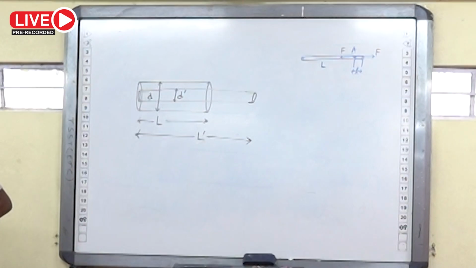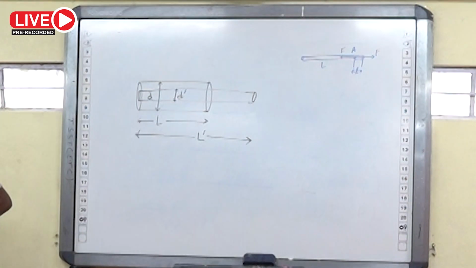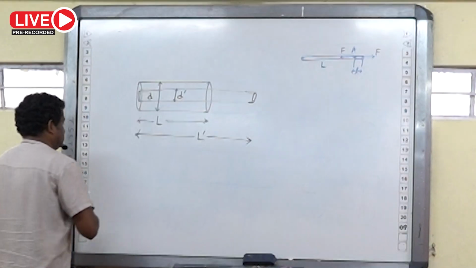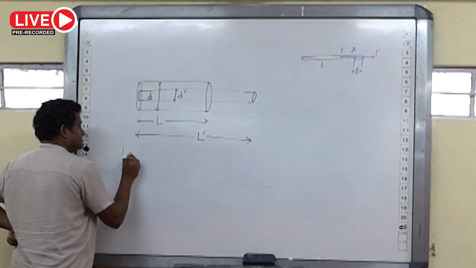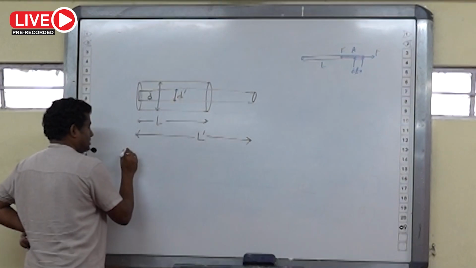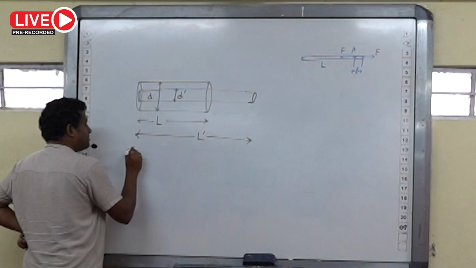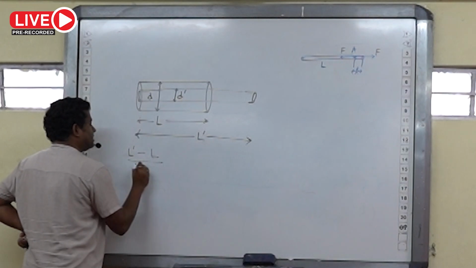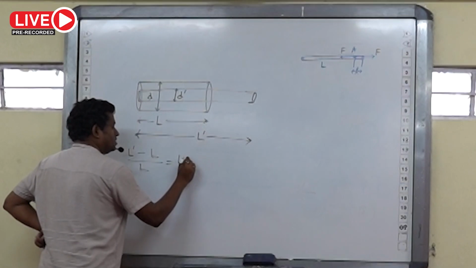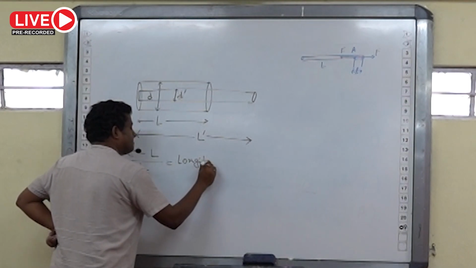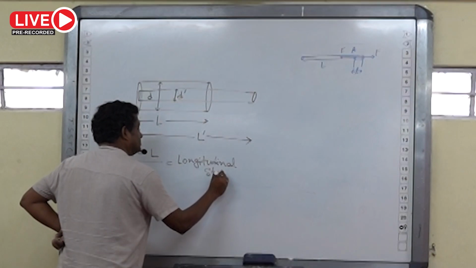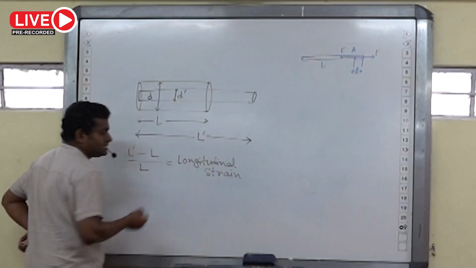Then first calculate the longitudinal strain. What will be that longitudinal strain? L prime minus L divided by L. Longitudinal strain. It is dimensionless.